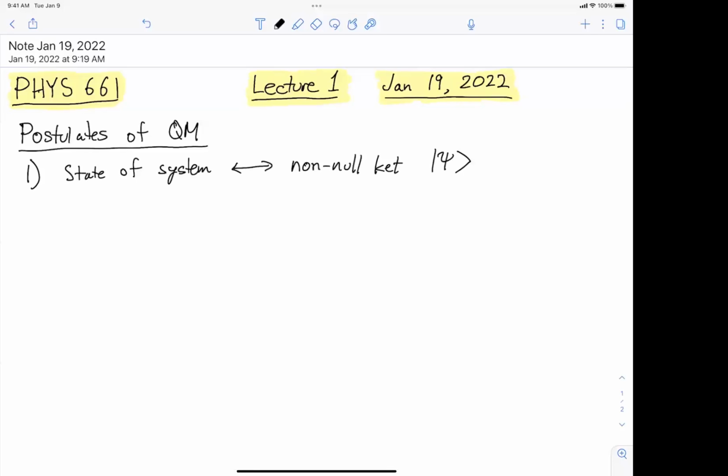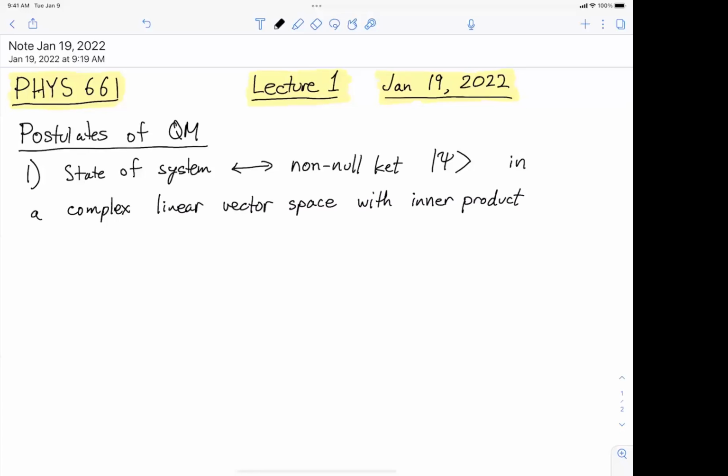And a reminder, this is an element of a complex linear vector space, with an inner product. Not all vector spaces are endowed with an inner product, but in quantum mechanics, we assume there is one.